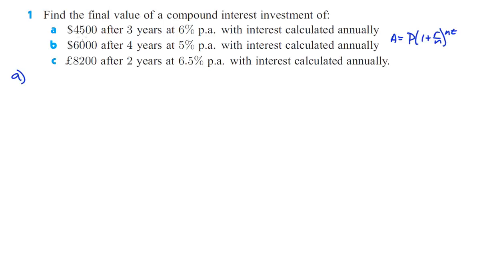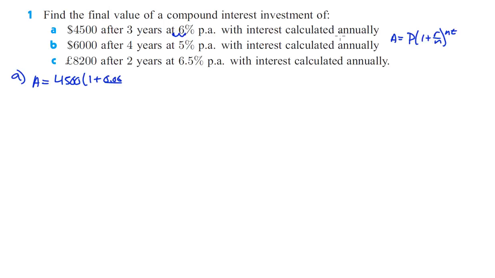Okay, so your original investment is $4,500, so that's your P. So we're trying to figure out what the amount's going to be after your initial investment of $4,500 times 1 plus your rate, and this is, remember, rate as a percent. So there's 6%. So to turn that percent into a decimal, move the decimal over twice, and it's 0.06 divided by N, the number of compounding periods per year.